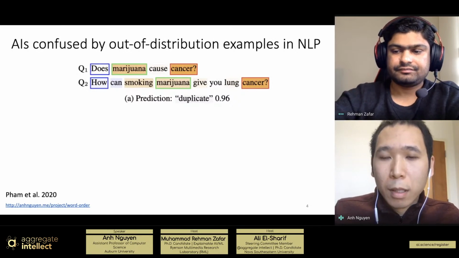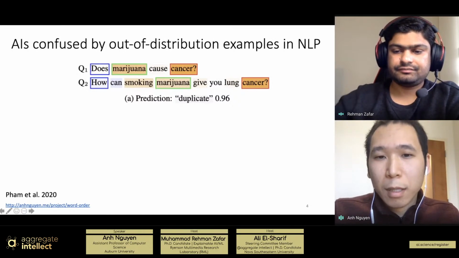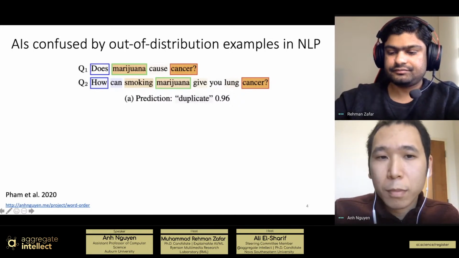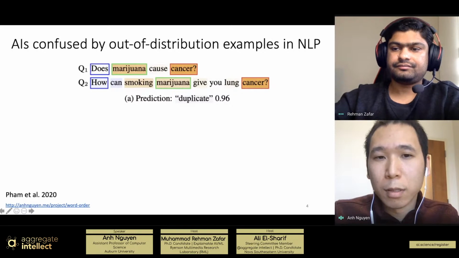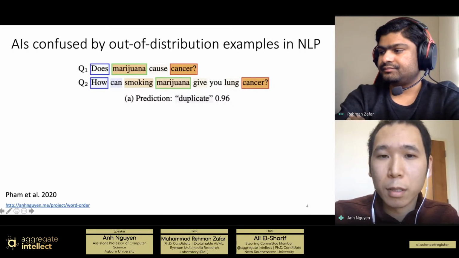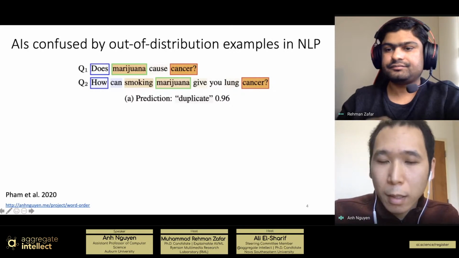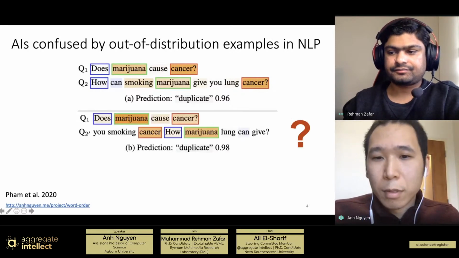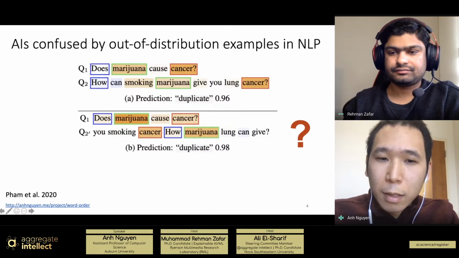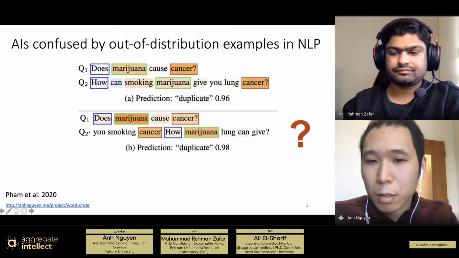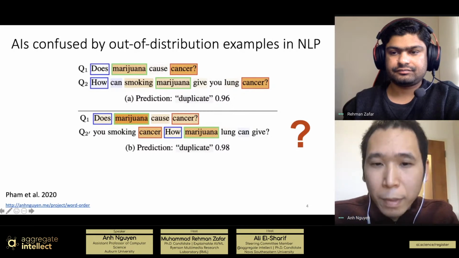Similarly, in NLP, in our recent preprint, state-of-the-art natural language understanding models correctly label these two questions, 'Does marijuana cause cancer' and 'How can smoking marijuana give you lung cancer', as duplicates with high confidence. However, just by shuffling all the words in one question, the prediction remains duplicate.